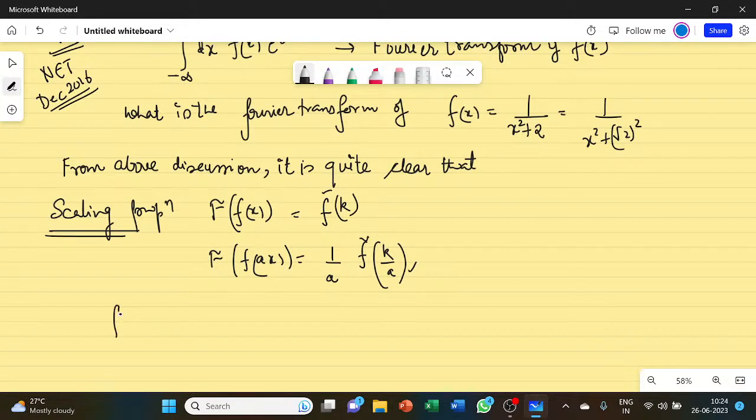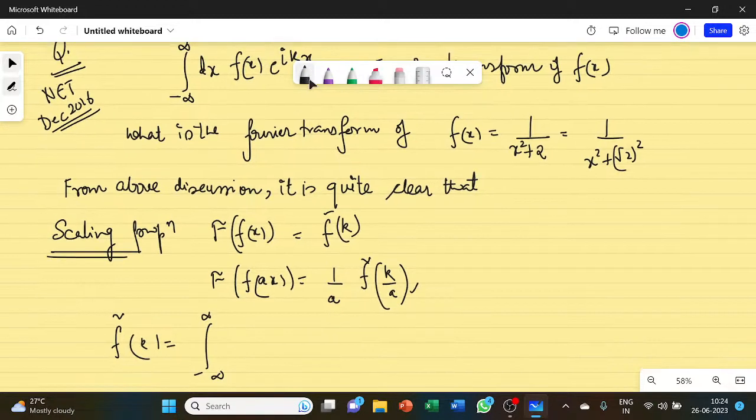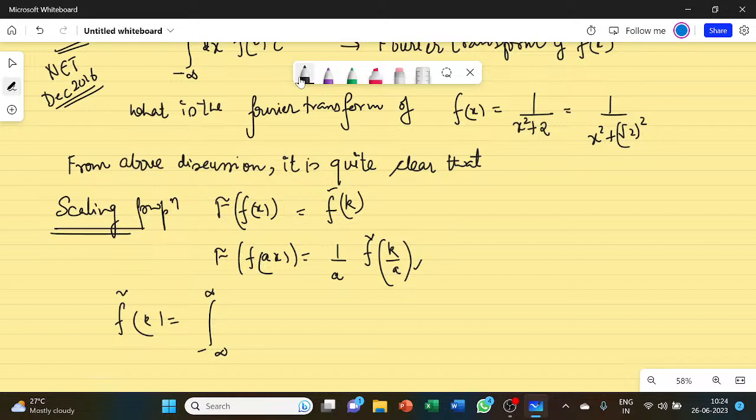So the Fourier transform of f of x is the integral from minus infinity to infinity. Let's say I use the definition given above. Remember, the Fourier transform of e to the power minus modulus of x is 1 upon k square plus 1.